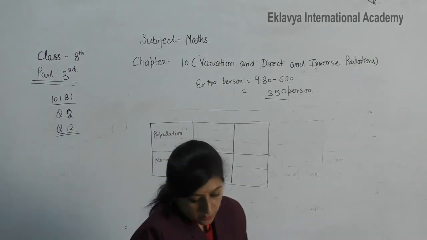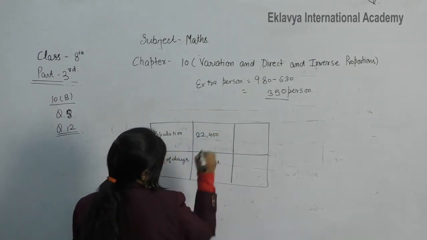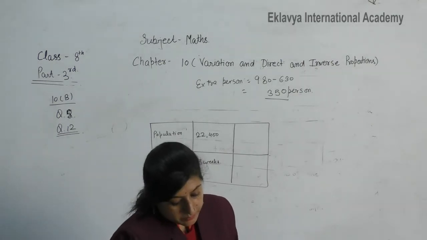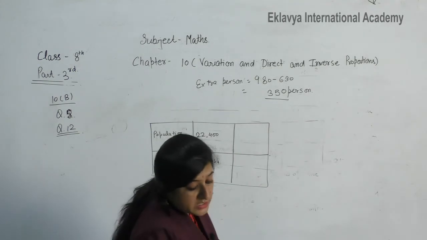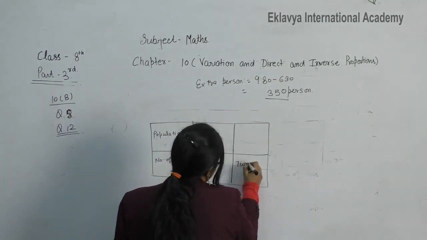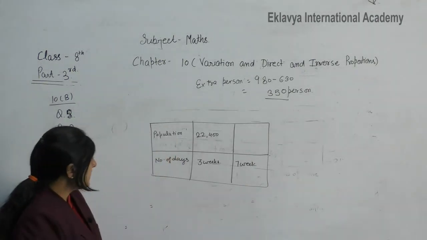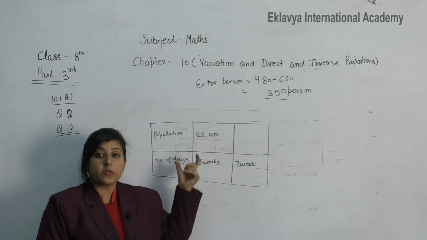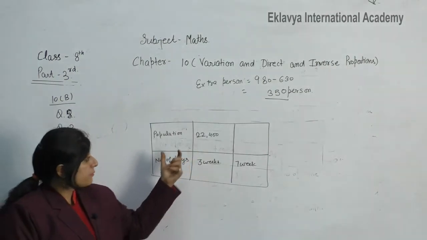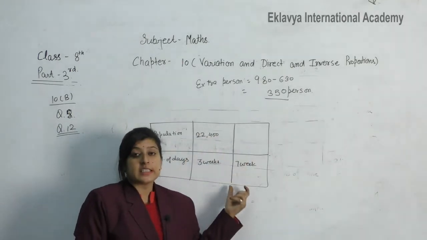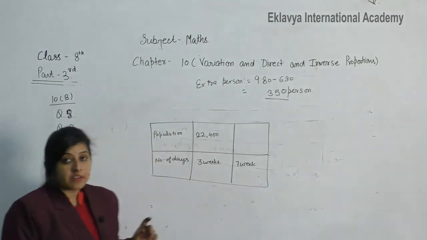When provisions were made for 3 weeks, its population was 22,400. How many people must be sent away in order that the provisions last for 7 weeks? It means if the population is more, the provisions last for less time. If the population is less, then it lasts for a long time. It means it is the relation of inverse variation.